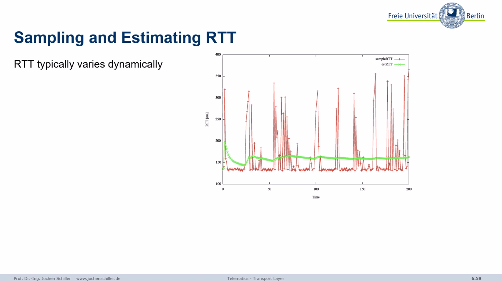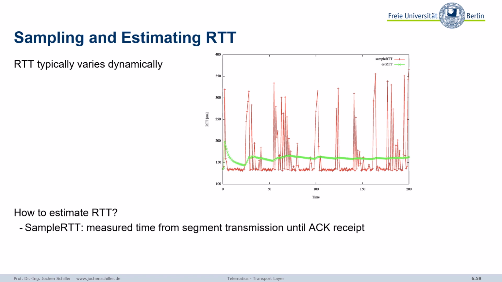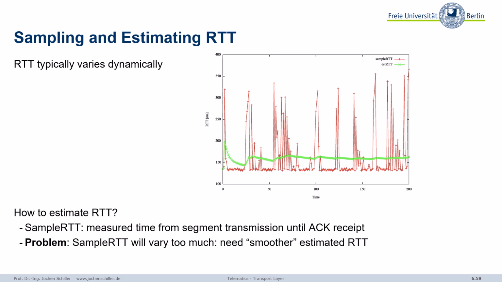Yes, we can flatten this, calculate floating averages, something like this, but still, the question is, how do we estimate this? So maybe we measure the time from the transmission of a segment until we receive the ACK. Okay? Yes, this is our sampled RTT, but this varies. As you see, we have all these spikes here.